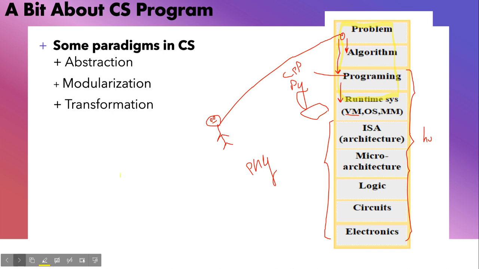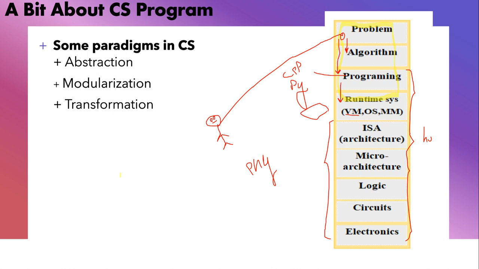All right, that was about the computer science program, and I forgot to mention that we have some very useful paradigms, but the paradigms that we use in computer science are not limited to these three. Abstraction means when we have a problem, we try to abstract it and use, for instance, mathematics to represent it.